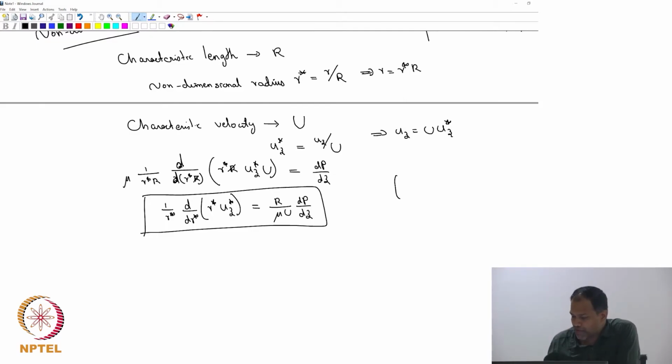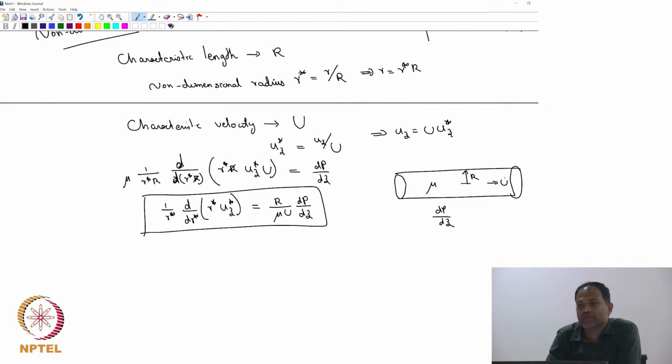So, you have this pipe, you have applied a dp by dz, it has this radius R, the fluid has a viscosity mu and a maximum velocity U, which must be related to the flow rate. So, what would be the dimensions of the quantity on the left hand side?